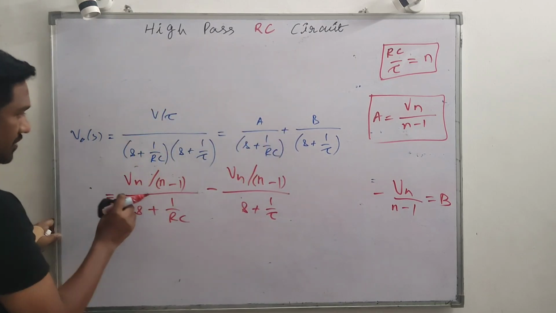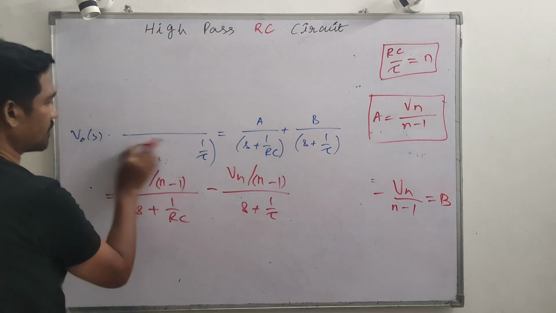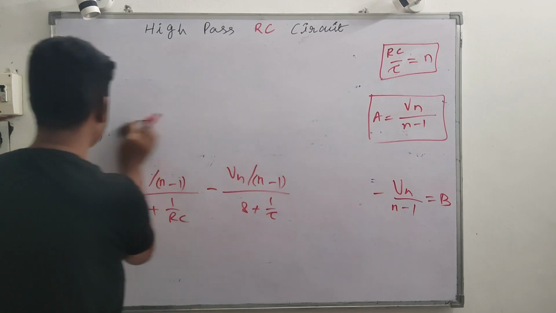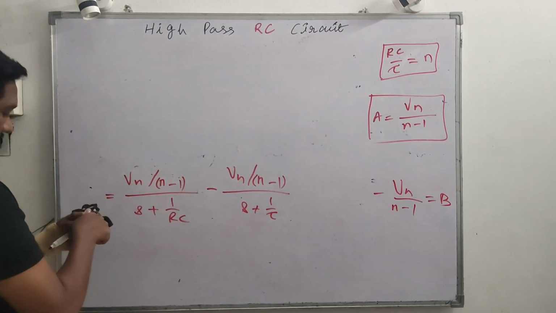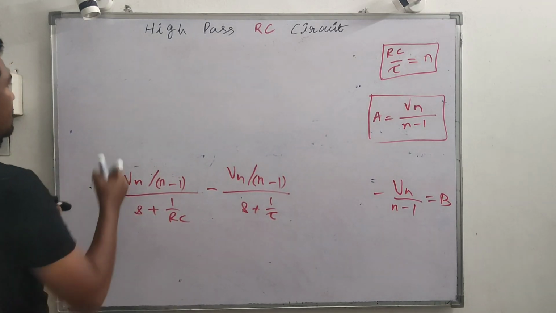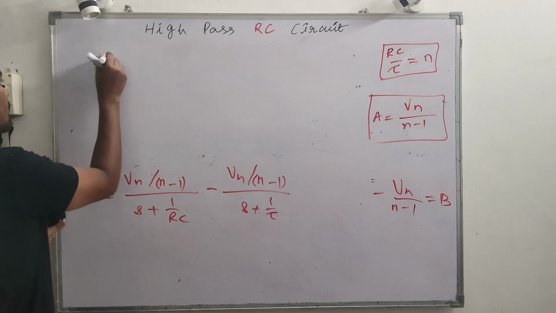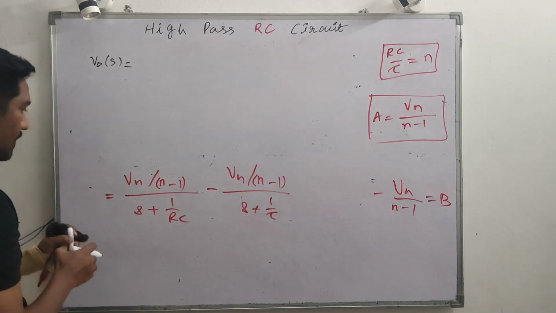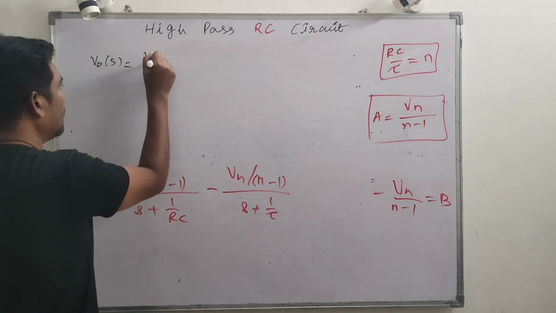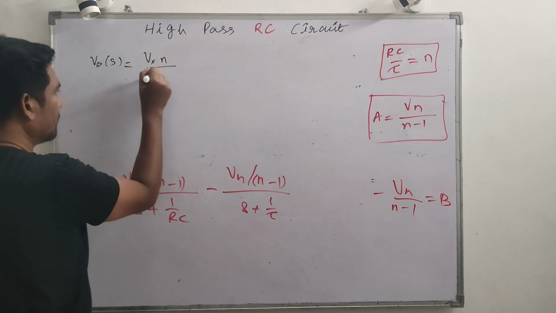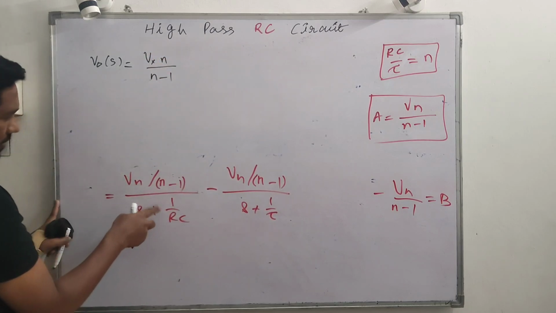Something can be taken out as common from both the terms for the final expression for v naught of s. V naught of s will be equal to, guys, v into n upon n minus 1 taken out as common.